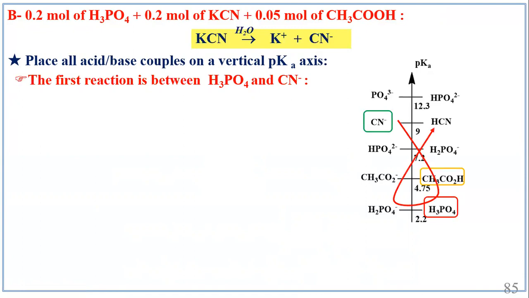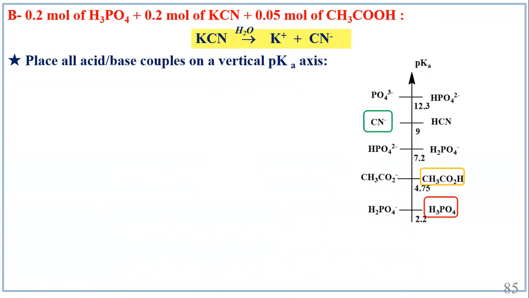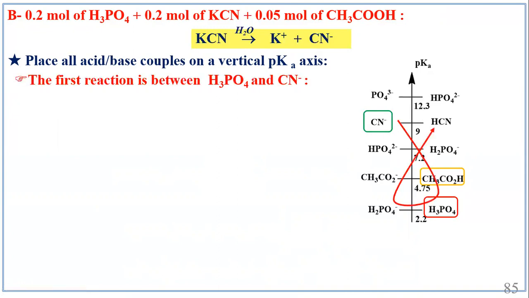Great. What is the dominant reaction that will take place in this mixture? So first of all, I have 2 acids and a base. Notice I didn't put water nor H3O+ because they're not in my system.